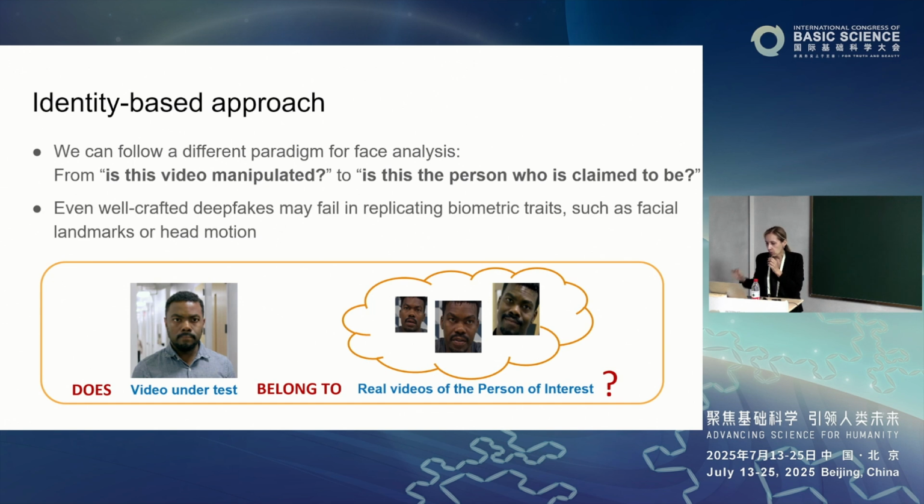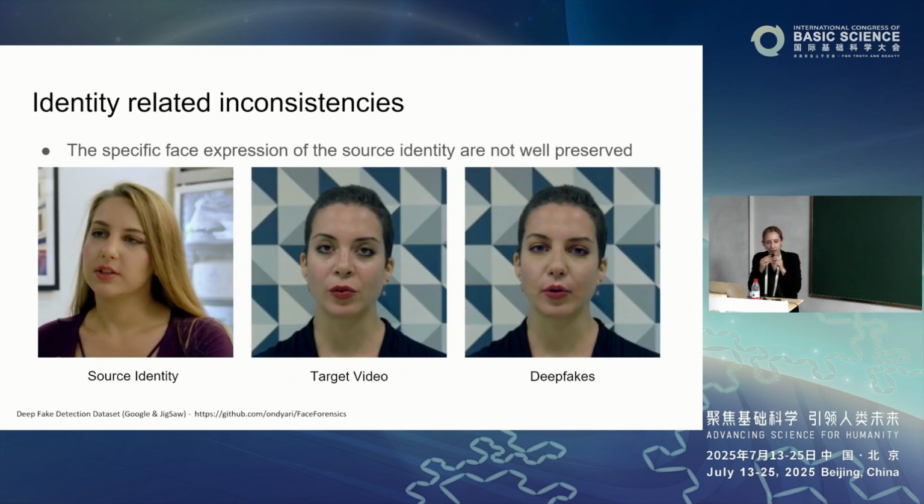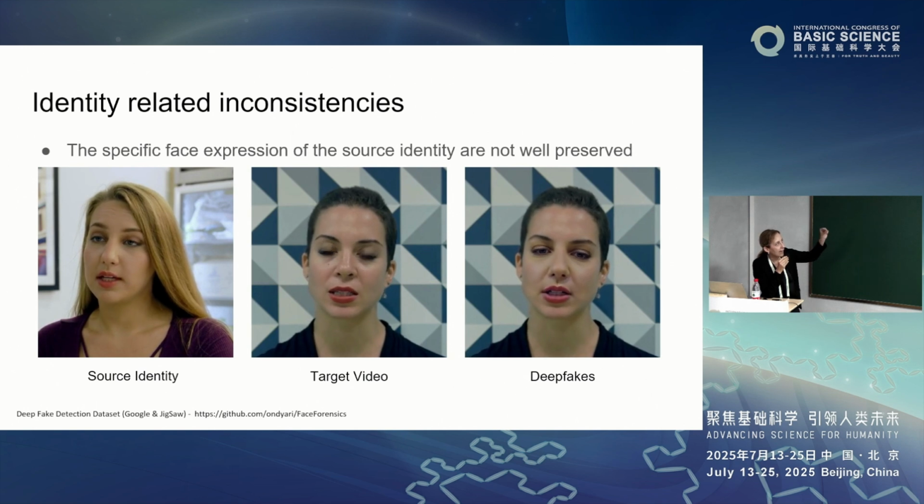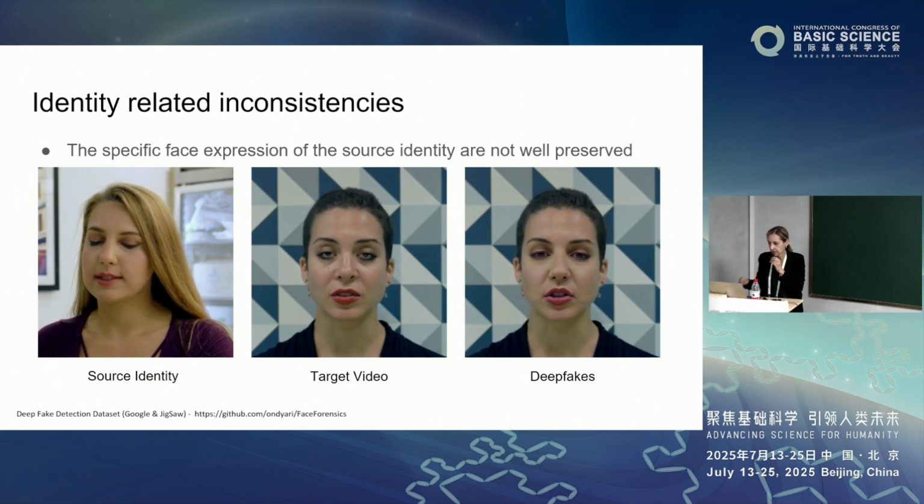So let's work on what are called the biometric traits of a specific person, like facial landmarks, head motion. It's quite difficult for a generative tool to perfectly replicate the biometrics of a person. And we just wanted to highlight these identity-related inconsistencies.